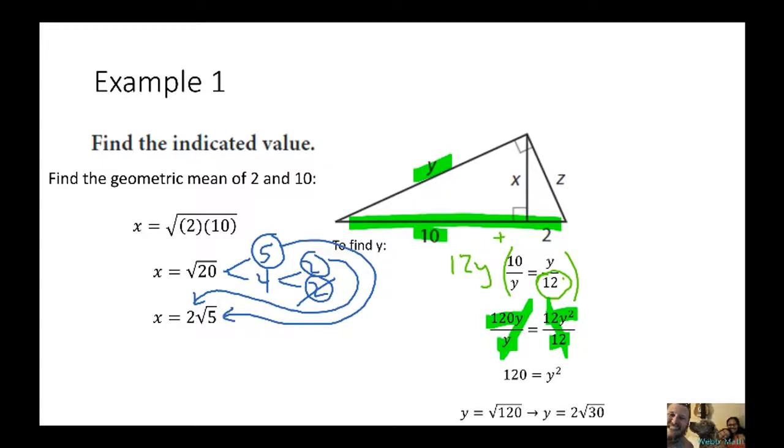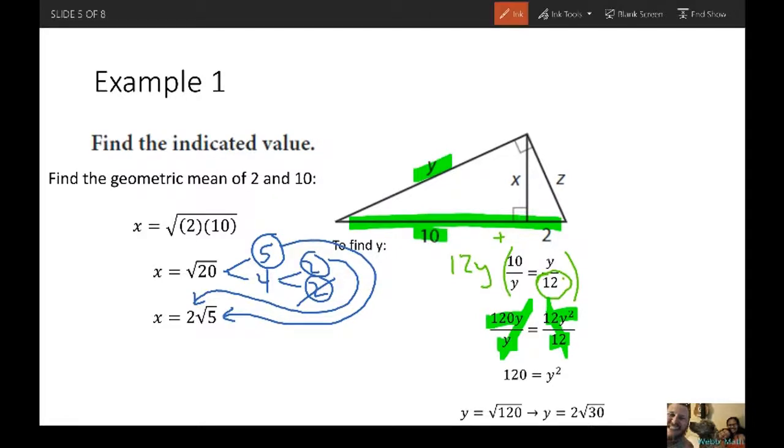And here's the joke, okay? Your book sets it up as proportionality, and it's very healthy to know that, especially for your test. But a kid might be like, well, you did this over here. Why can't I just do that the same way? Okay, so you have to know the proportionality so you can use the right numbers. And if you do that right, you know that y equals the square root of 10 times 12.